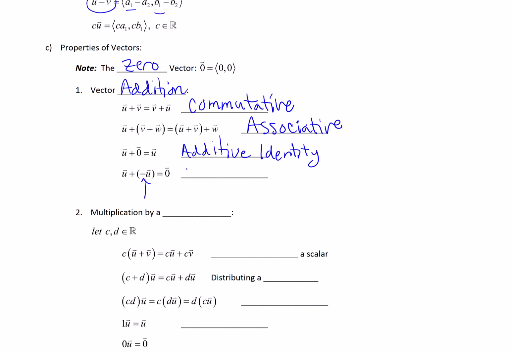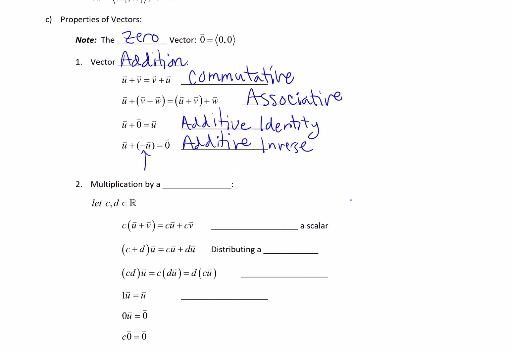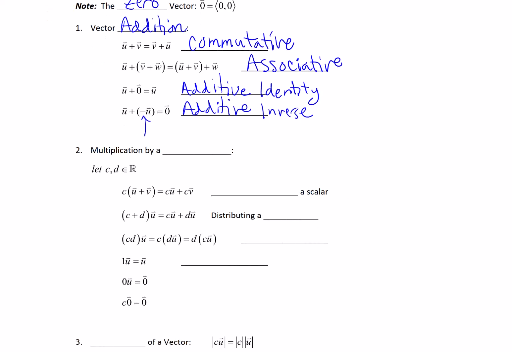And of course, this would be called the inverse, or the additive inverse, just to borrow some language from algebra there. You're adding, but you're reverting back to the 0 vector as a result. So this is the additive inverse. The inverse means you go back to nothing, back to the 0 vector. Or secondly, now after talking about vector addition, let's talk about multiplication by a scalar.